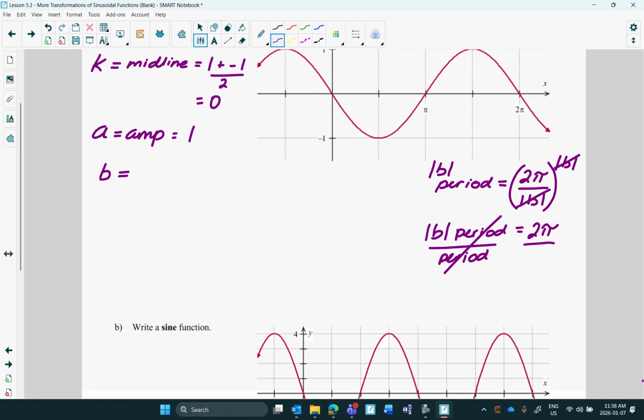So if you're finding the period, you know b, and you do 2 pi divided by b. If you're trying to find b, you must know the period, which means you got to do 2 pi divided by the period. But I've got to look at my graph and figure out what is the period.